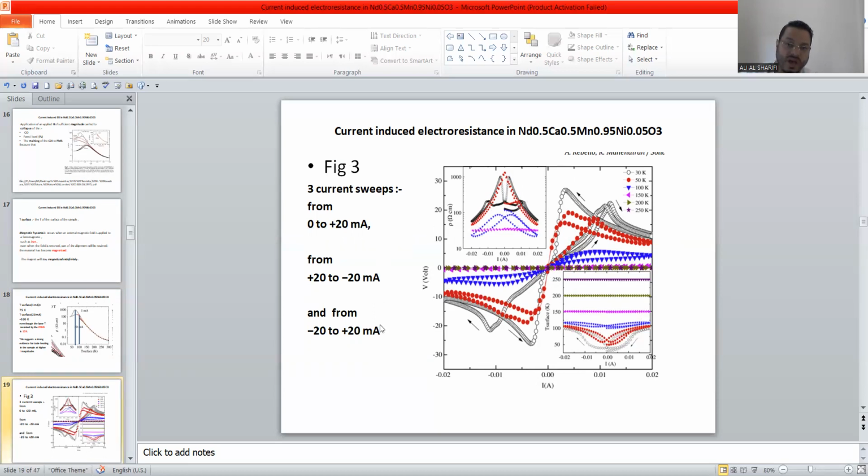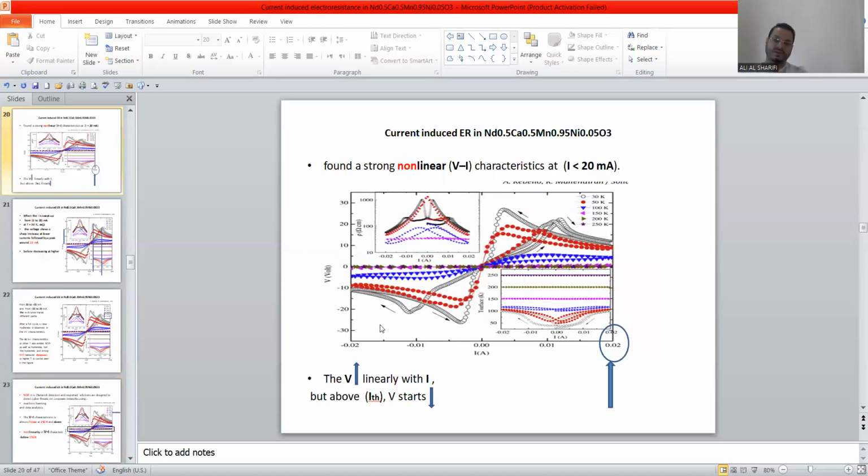Like I said before, we have three different ranges of current. Let's talk first about the IV curve or IV characteristics. Here, they found a strong non-linear IV characteristic at current less than 20 milliampere. What is the less than 20 milliampere?